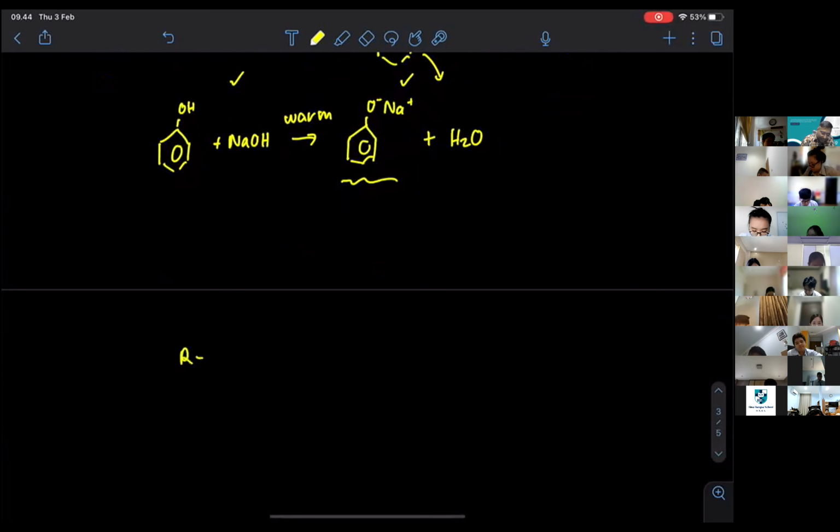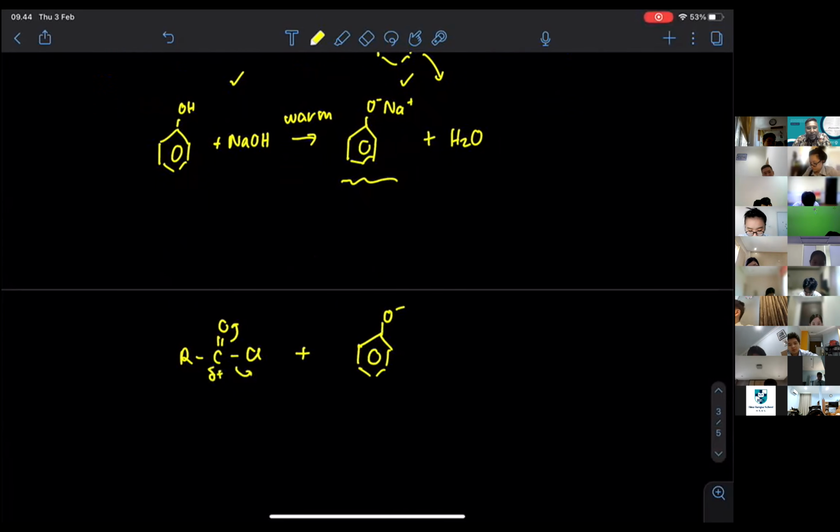So if I have RC double bond OCl, I react with this phenoxide ion, O minus. We know that this oxygen is going to be negative, and this carbon is going to be delta positive. If that is delta positive, this will come and attack the carbon.